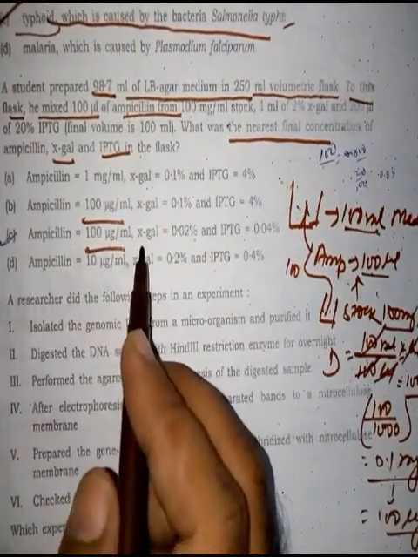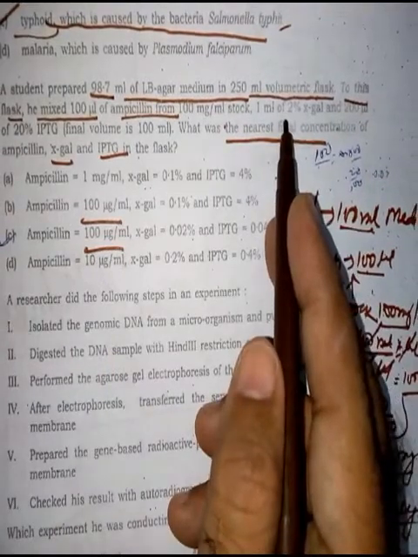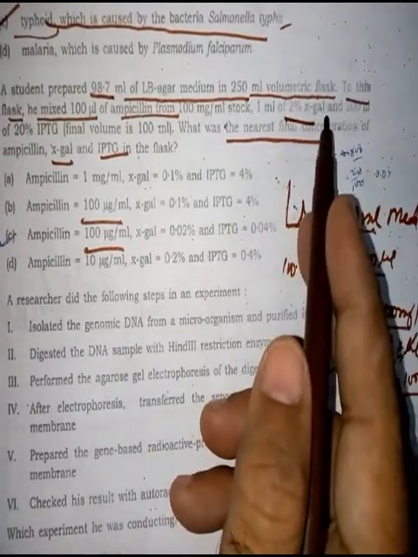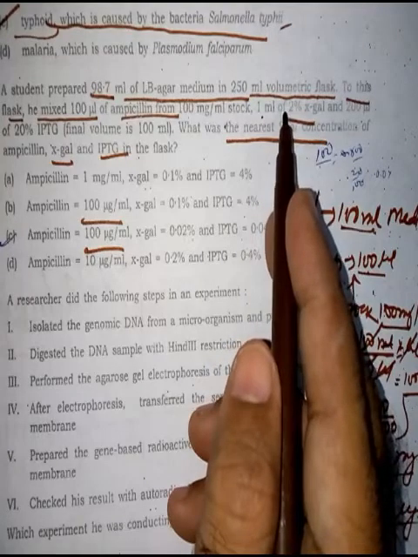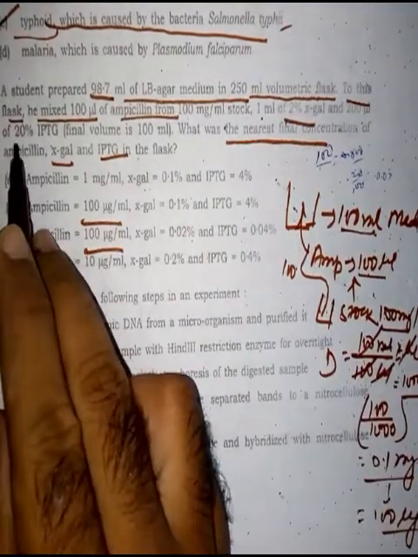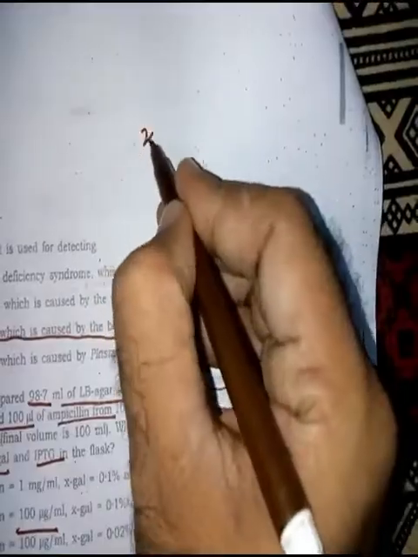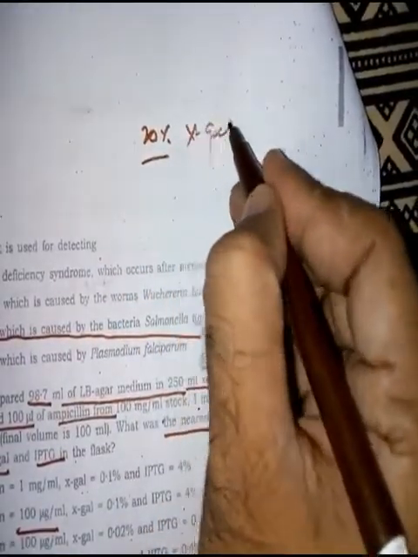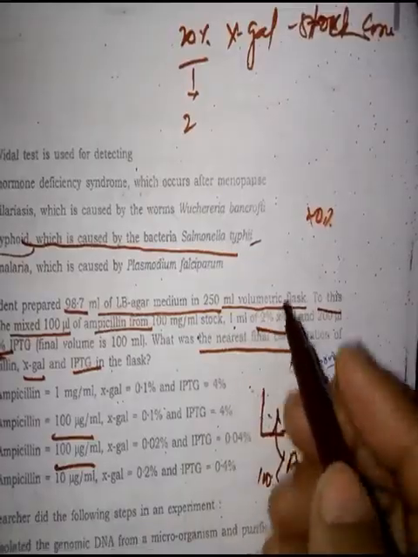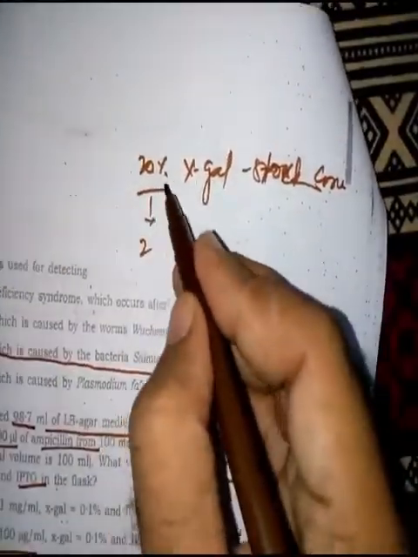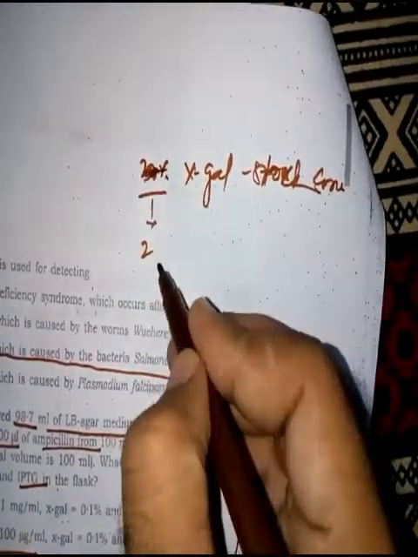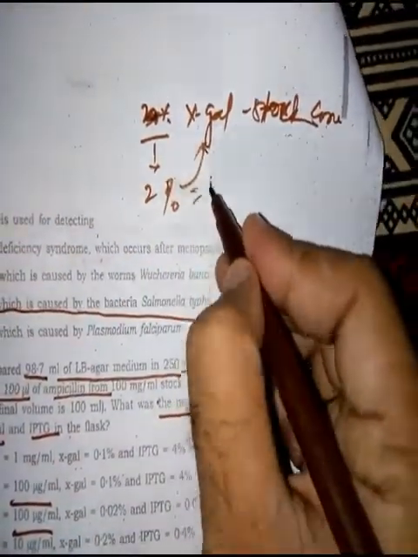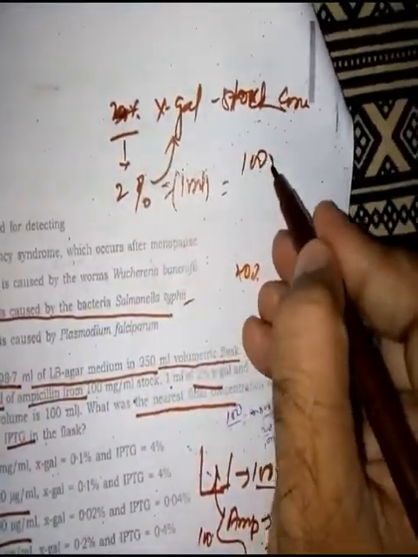So we need to calculate for the X-gal also. Let us calculate for the X-gal. They are adding 1 ml of 2% X-gal. Here the stock is 2% X-gal, it is not 20%. They are taking 1 ml, and 100 ml is the final volume.